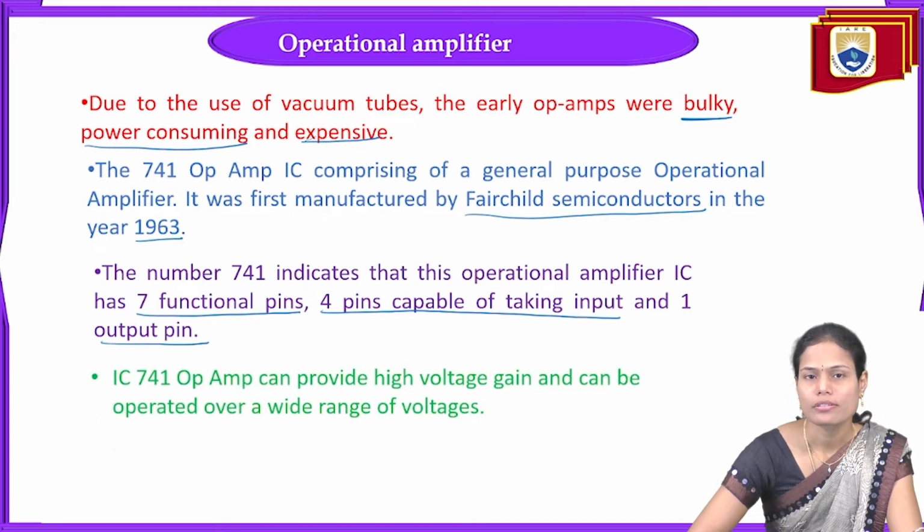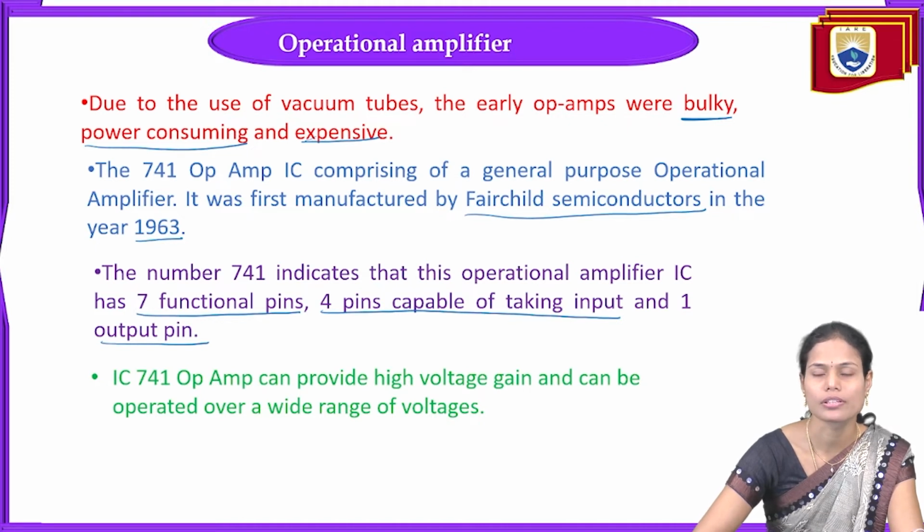So what is the basic advantage or function of the 741 operational amplifier? It can provide high voltage gain, and it can be operated over a wide range of frequencies, from low frequency to very high frequency.